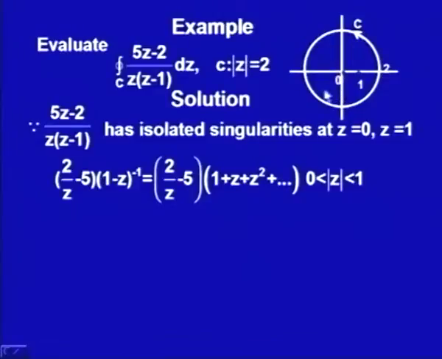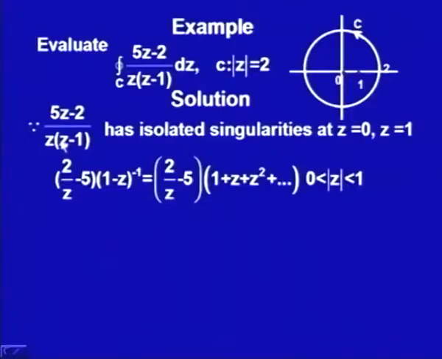If I use the Laurent series method, I have to find the residue at z = 0 and at z = 1. That means I have to write the Laurent series expansion in the region 0 < |z| < 1, and another in the region where 1 is outside, that is, 1 < |z| < 2. So first I am writing it between 0 and 1.